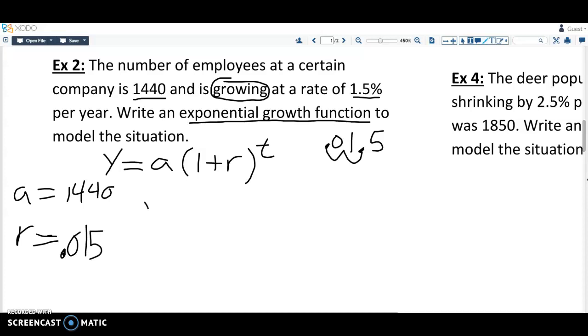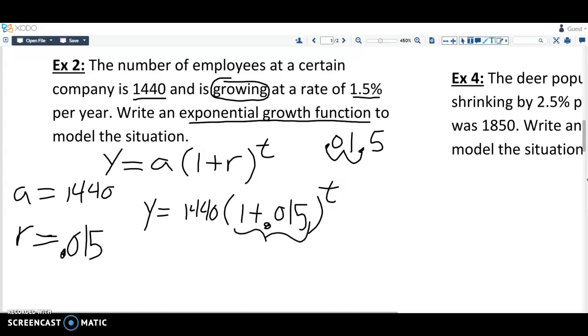And that leaves me with the formula Y equals 1,440 times 1 plus 0.015 to the power of T. So what am I left with when I simplify it? Well, 1 plus 0.015 is just 1.015.